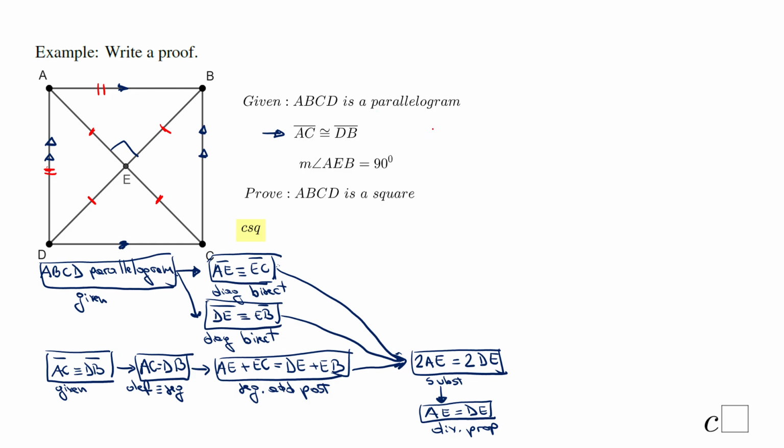Let me erase these first because I don't want you to get the wrong idea. You notice in the triangles we have DE congruent with BE, or EB, and we did that here, so it's the same thing: diagonals bisect each other.